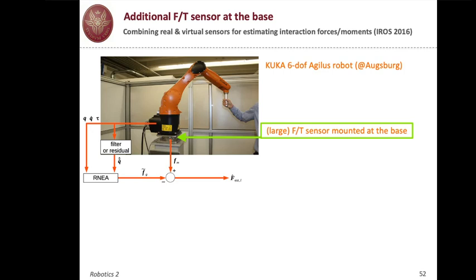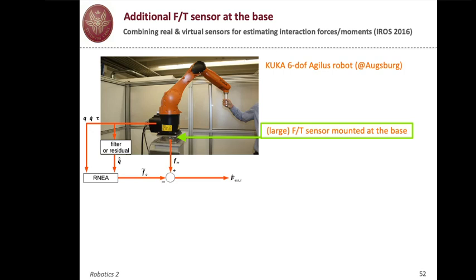Another variation on the subject, and this is the last one, is a work that we did in 2016, in collaboration with KUKA. One of our PhD students, Gabriele Bondonno, spent a month in Augsburg working on their Agilus robot. And they had this idea of mounting a force-torque sensor at the base of the robot, as in this picture.